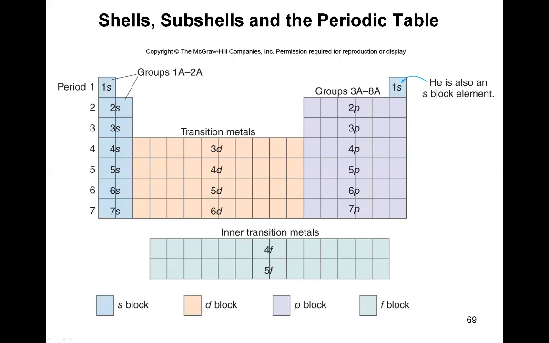Remember, there are 3 p orbitals in the p subshell. 3 orbitals times 2 electrons each, and that's 6 electrons total in the 2p subshell. As the 2p subshell is filled, the second shell is filled. Then we go down to the third period and fill the 3s orbital with 2 electrons. Then again move straight to the right and fill the 3p orbitals with 6 electrons.